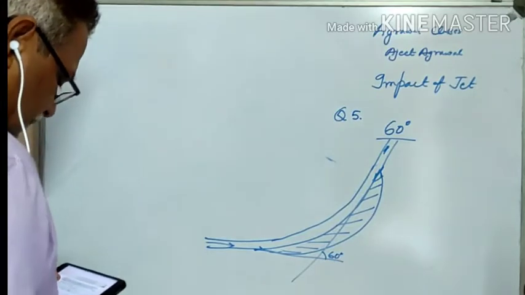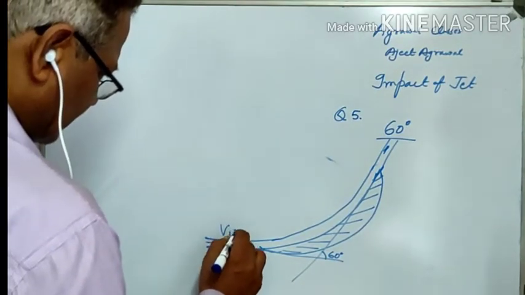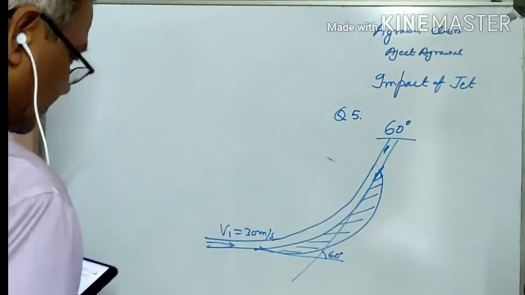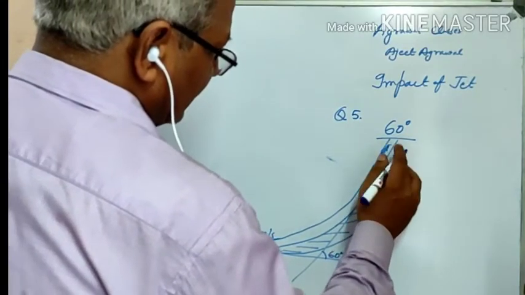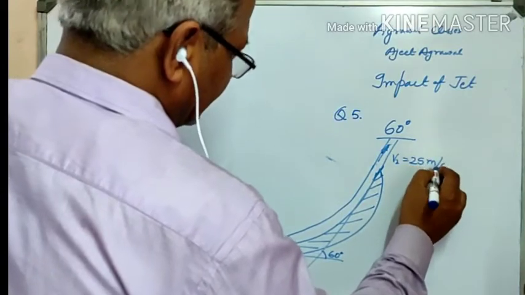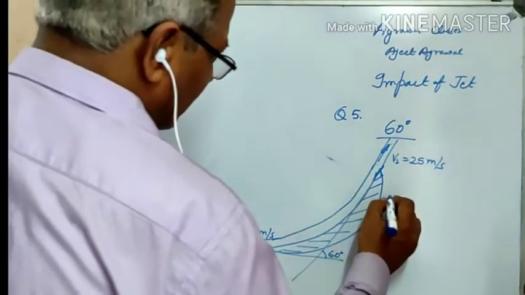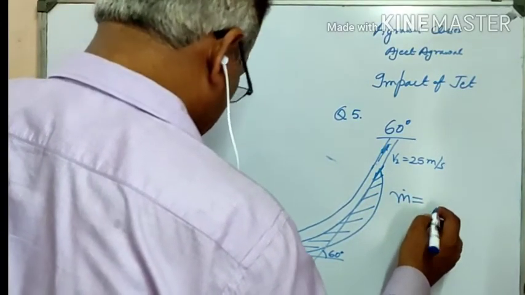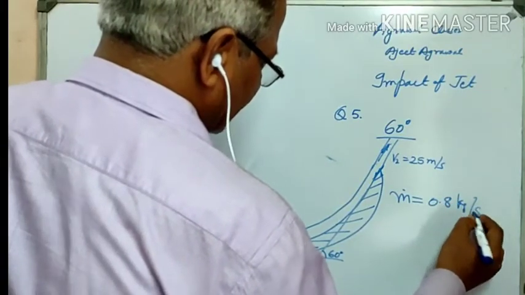The velocity of the jet at the inlet point is 30 meters per second, and at the exit it is given as 25 meters per second. The blade is stationary and the mass flow rate of the fluid, the water, is given as 0.8 kg per second.